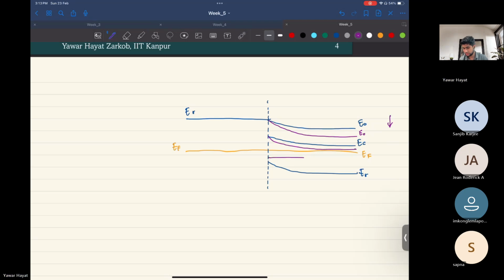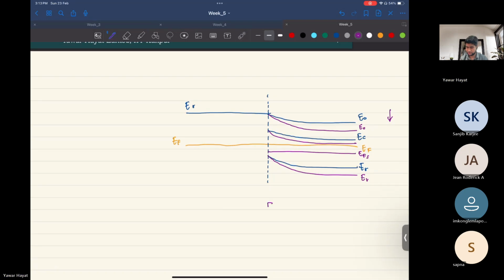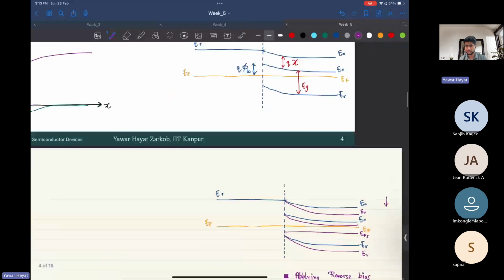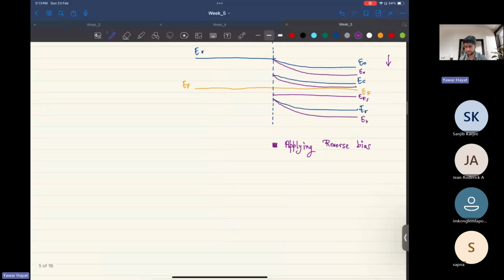Your EF will have EFS in the semiconductor once you apply this positive potential. Likewise, you'll have EV. So this is the notation. This is applying reverse bias, because positive potential to the n-type semiconductor, I can write that as a reverse bias.